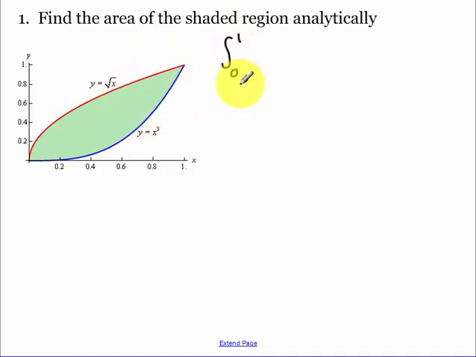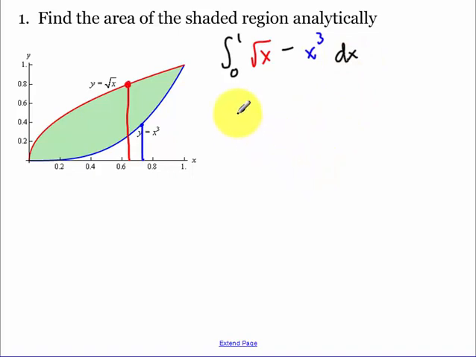So from 0 to 1 of the big Y, which is root x, minus the smaller y, which is x cubed, with respect to x.